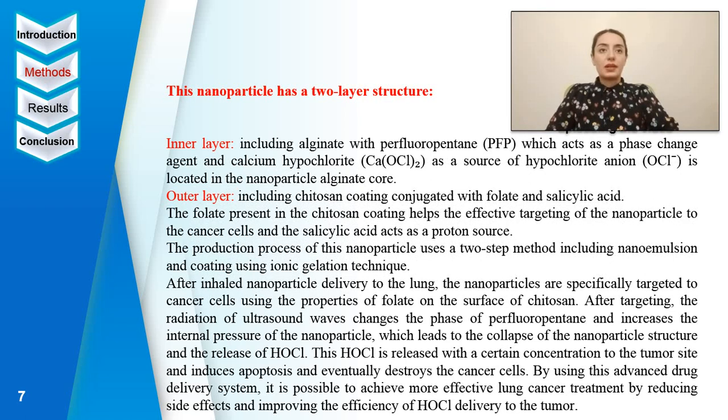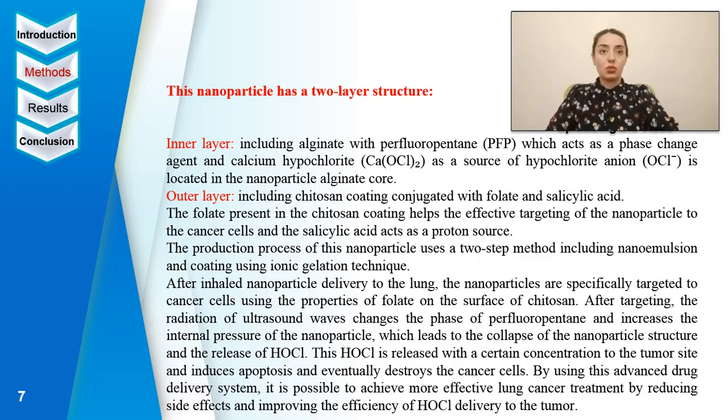This nanoparticle has a two-layer structure. The inner layer includes alginate with perfluoropentane, PFP, which acts as a phase change agent, and calcium hypochlorite, Ca(OCl)2, as a source of hypochlorite anion.